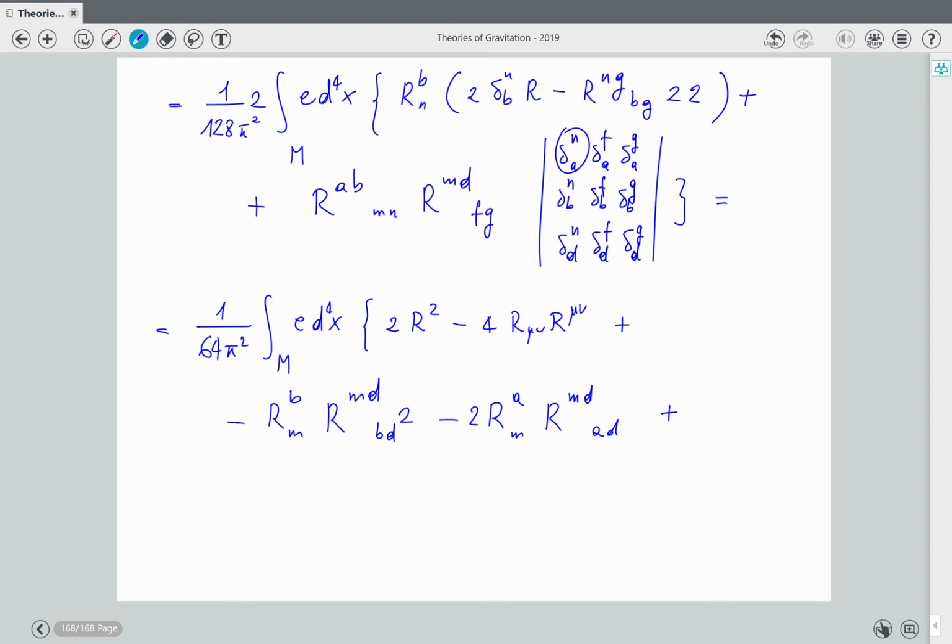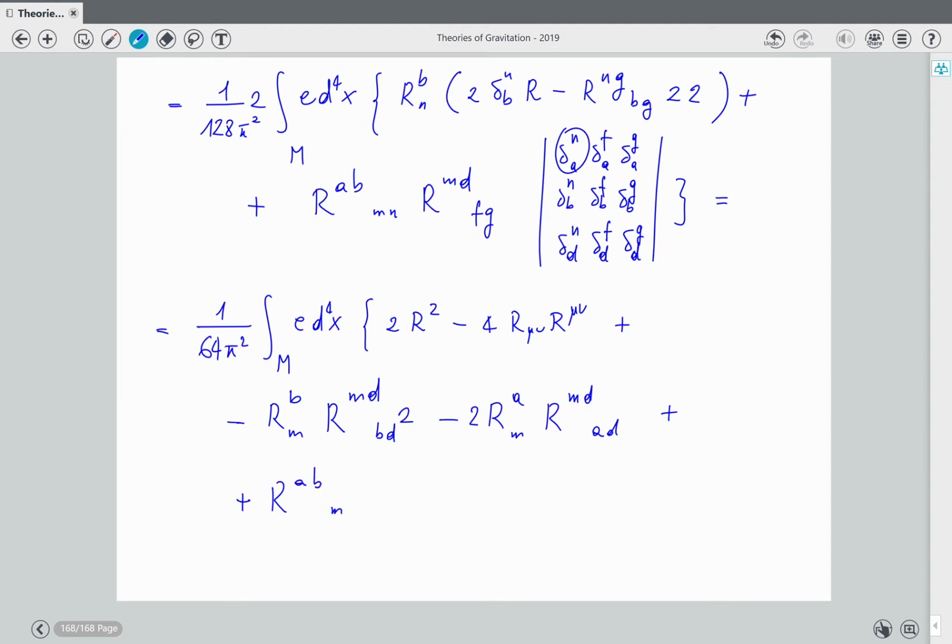The last contribution is delta ND. Delta ND, well, doesn't give anything, so there is a plus because we are not changing sign.